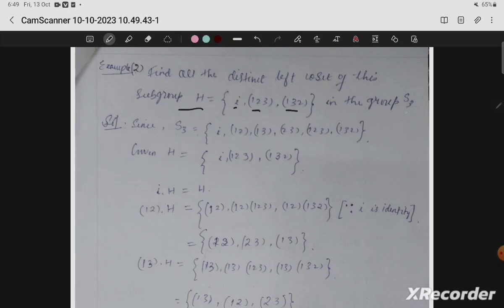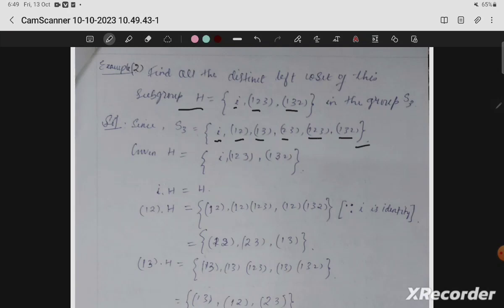Here the S3 group is not given, so S3 can be written as I, (1 2), (1 3), (2 3), (1 2 3), (1 3 2). S3 contains 6 elements: 1, 2, 3, 4, 5, 6. So yes, we will find the left cosets.